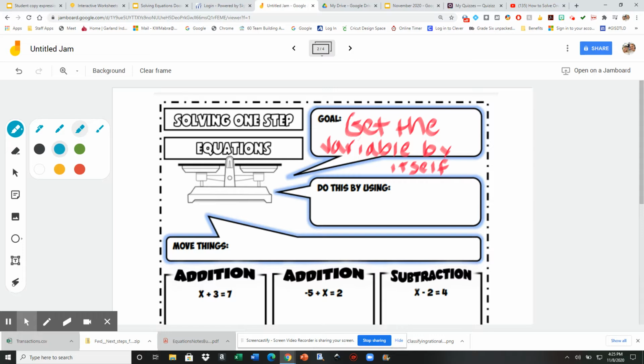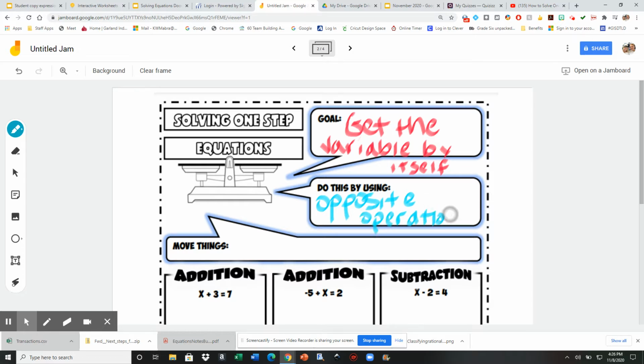When you're solving a one-step equation, you want just x all by itself. No term, no coefficient, nothing. So we're going to do this by using the opposite operation.